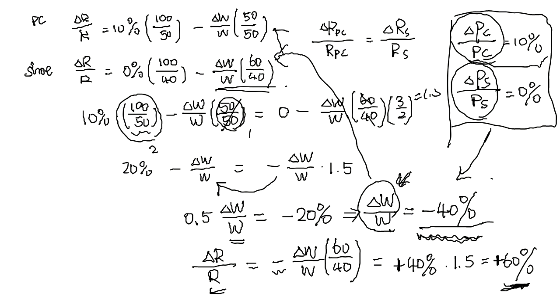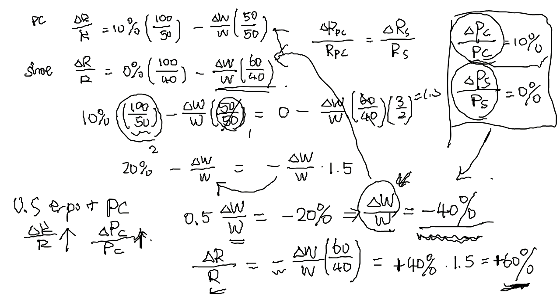So in this case, because the US exports PC, the capital owner in the US, you could see like a bank or the factories that produce PC, their return will increase much more than the simple price increase.